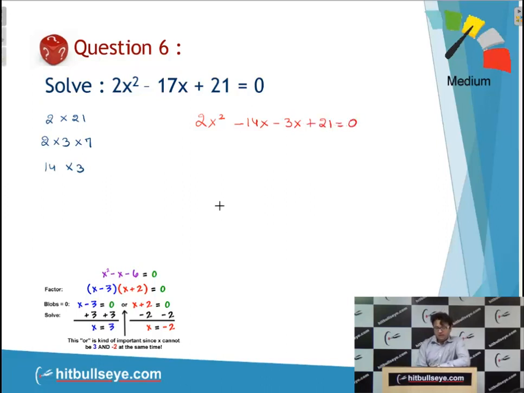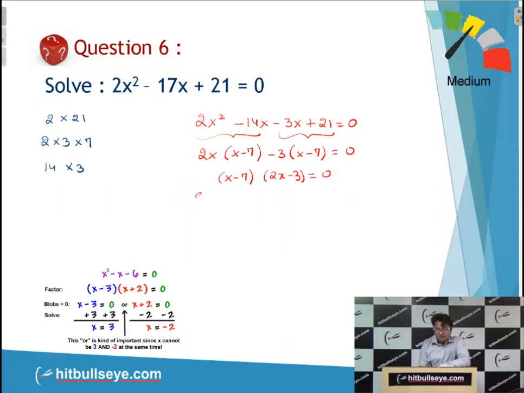I hope it's clear. Now I'll make pair of 2, 2. Take out 2x common here. It will become x minus 7 minus 3 x minus 7 equal to 0. Again x minus 7 with 2x minus 3 equal to 0.